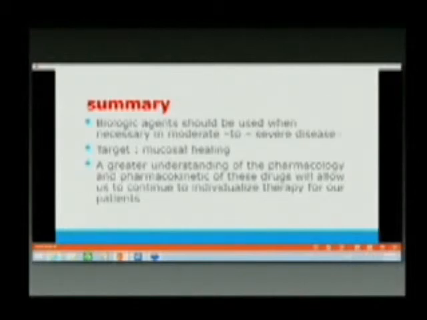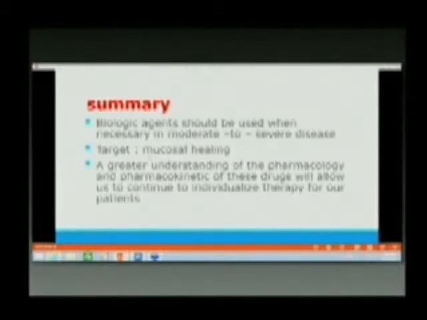with aggressive variables. These are the patients most likely to need early biologic therapy. Our target should be mucosal healing because mucosal healing translates to less hospitalization, less relapses, and fewer complications or surgery in the future.